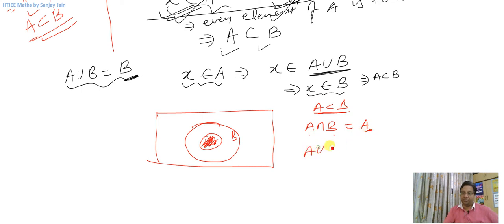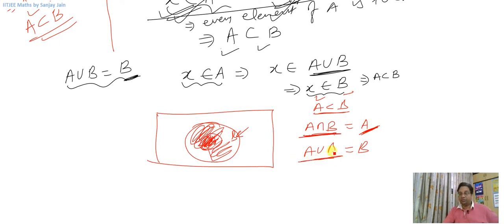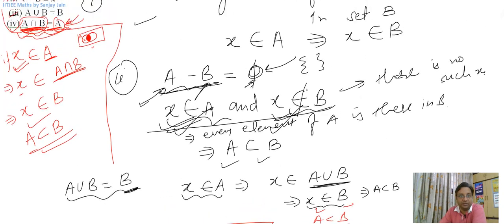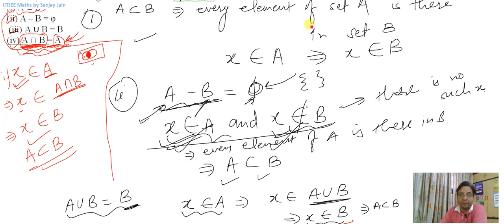And what will be their union? It will contain all the elements of A, all the elements of B. So this will be the bigger set, that is B, right? So if I take the intersection of these two sets, then it will give me the subset as my answer. If I take the union of these two sets, it will give me the superset as my answer, right? This is something that we have already studied while studying the basics of this chapter, sets.